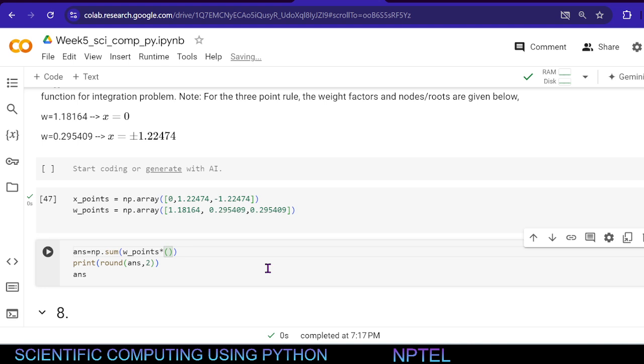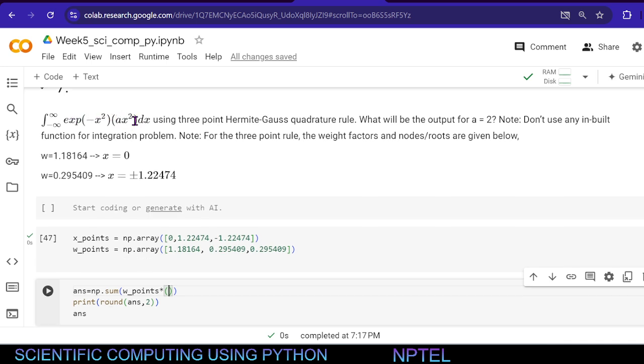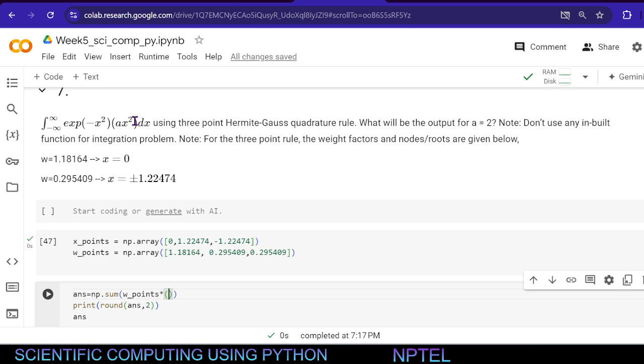So in this case, what will our function be? Will it be exponential of minus x squared times ax squared, or just ax squared? It depends on what polynomial you are using. You are using Hermite polynomials, for which this is already the weight h of x. So our f of x is just this. This is something that we should be careful about.